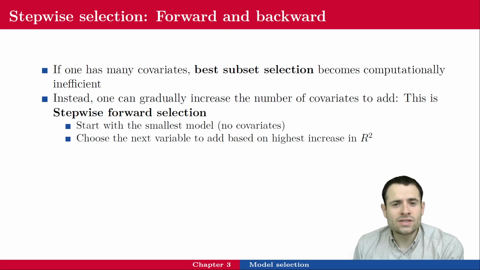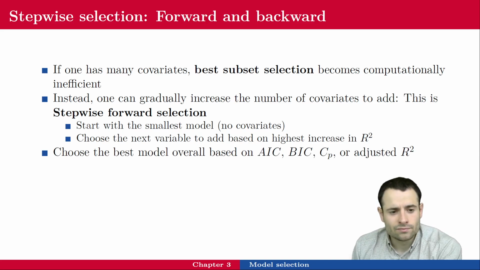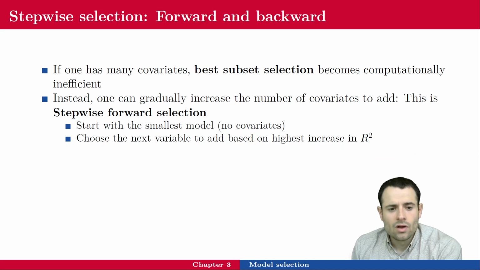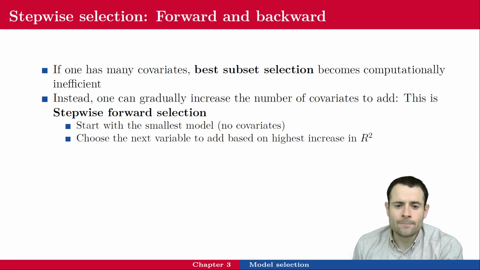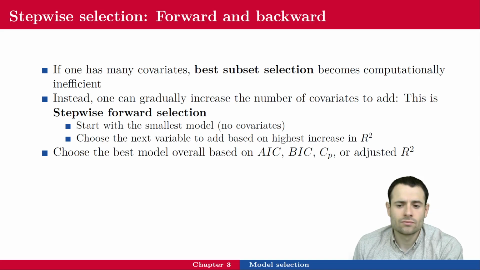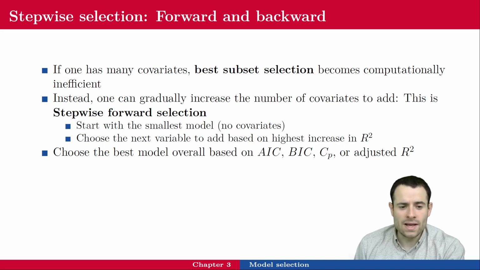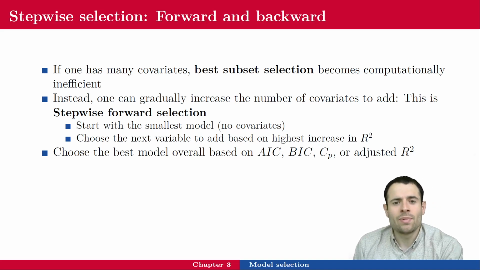Now, you're going to do the same thing for the second variable. You're going to go to the second variable and say which one increases the R-square the most. Then at the end, you choose the best model overall, again based on the 4 criteria shown above.